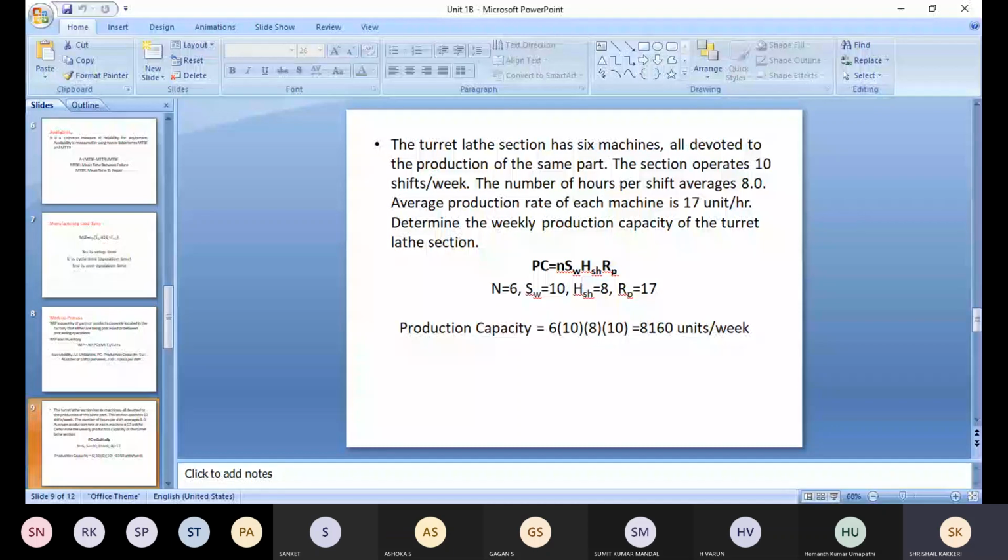The second one is combined operation. Wherever it is possible, combine the operations so that the number of workstations can be reduced. A very simple example I gave in the beginning: in a lathe, I wanted to do plain turning and threading. In one workstation, they do only the plain turning, remove the part and keep it on the next lathe, so that they do the threading operation.